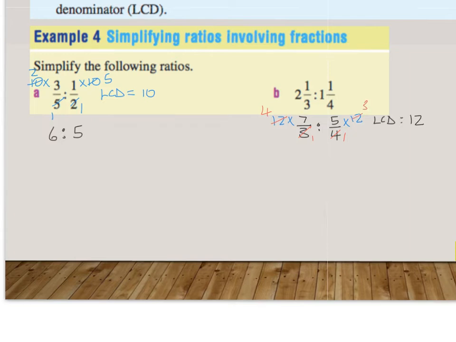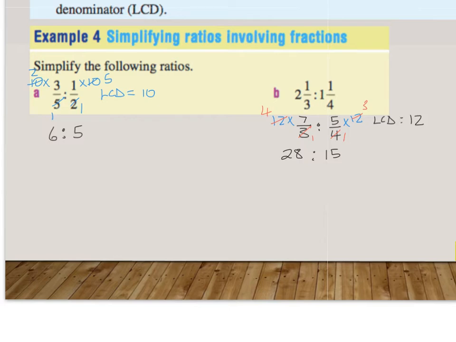If I simplify now, I say 4 times 7 equals 28. 5 times 3 equals 15, and this will be the lowest common. We will say that this is the simplified ratio.